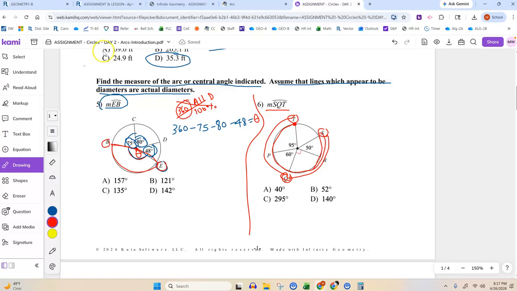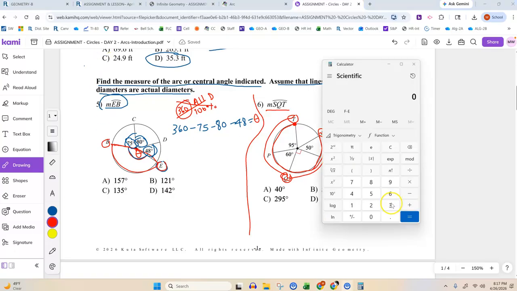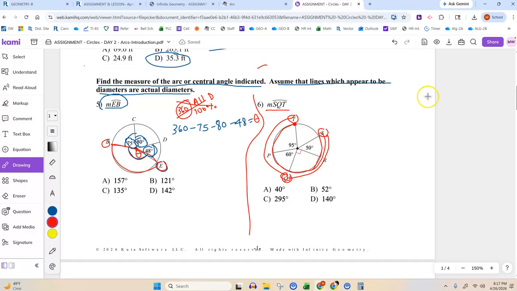So use your calculator to do that, and let's see what we get. 360 minus 75 minus 80 minus 48 equals, so I get 157 is going to be my theta, okay?